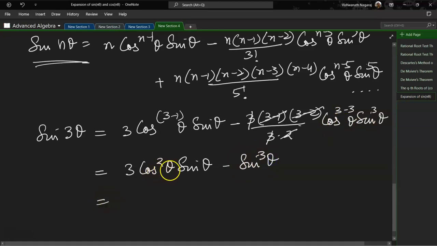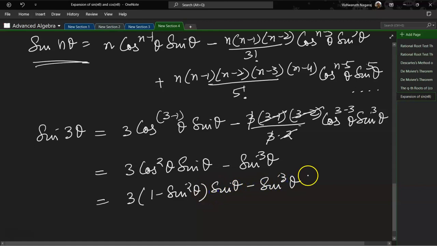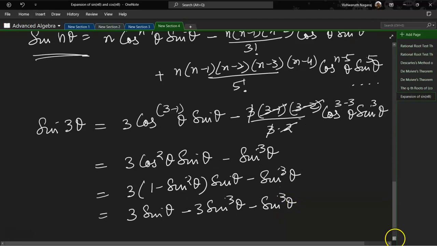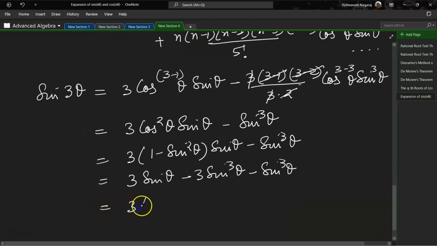Let's convert this cos^2 θ into sin^2 θ. How do we do that? 1 minus sin^2 θ, times sin θ, minus sin^3 θ. This becomes 3 sin θ minus 3 sin^3 θ minus sin^3 θ, which makes it equal to 3 sin θ minus 4 sin^3 θ, which is what we needed.